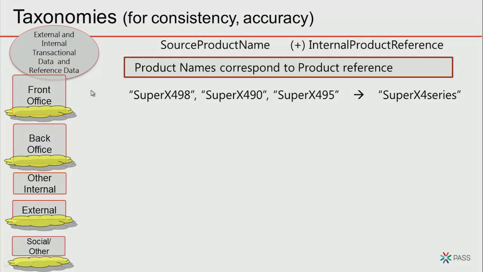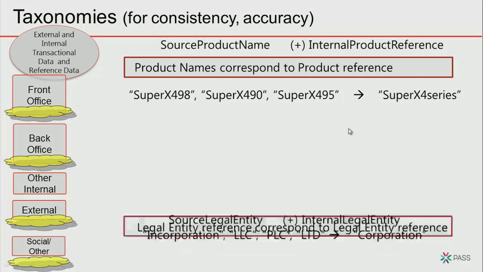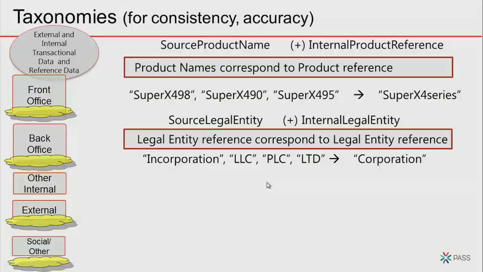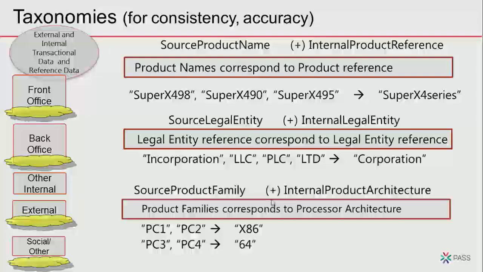So if we saw product names of computers, like this one and this one, we really only wanted to ever see that through this name. Or whether it was legal entity references, or even internal product architectures, all right, that we needed to represent.